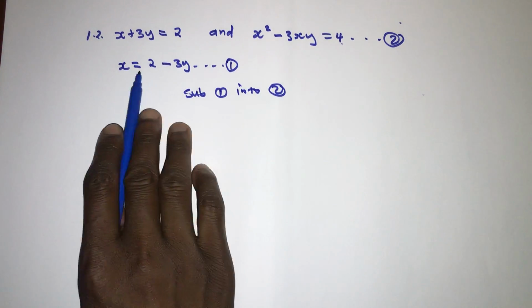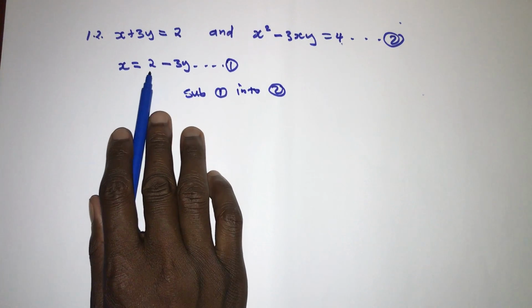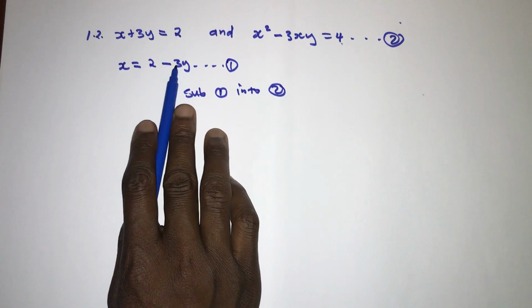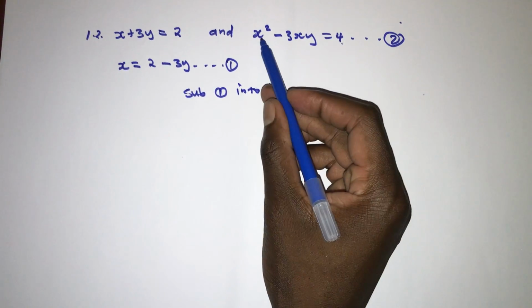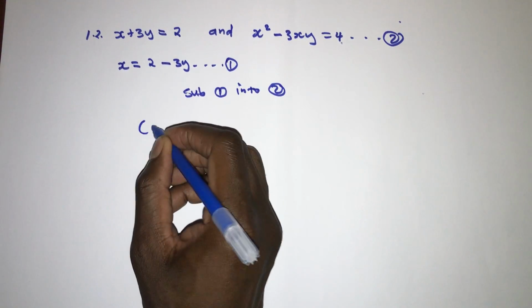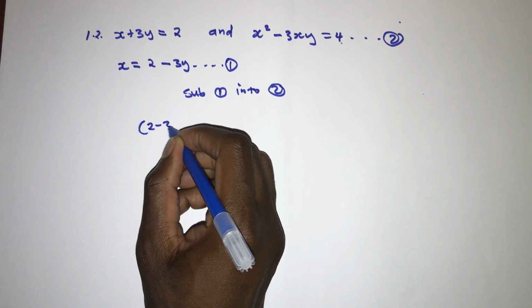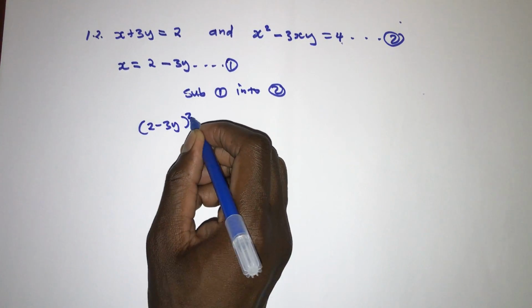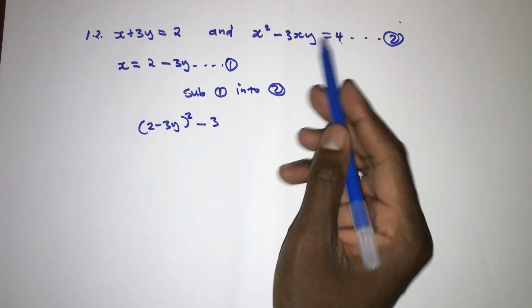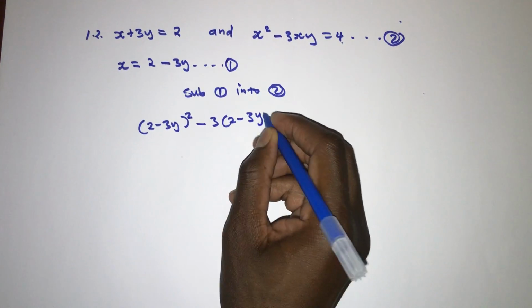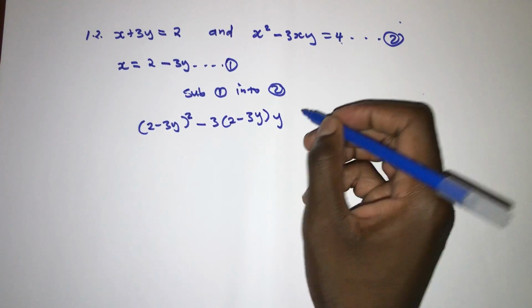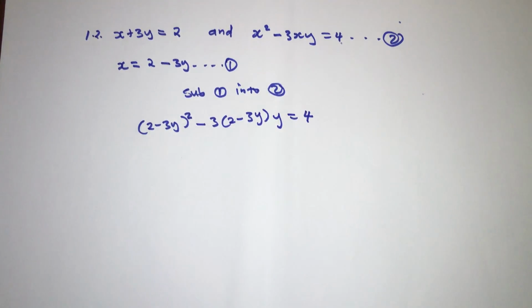So this is my equation 1. Where there is x, I will substitute x with 2 minus 3y. So here there is x, it means that there is 2 minus 3y squared minus 3. There is x again, 2 minus 3y, then multiply by y, then it's equals to 4.